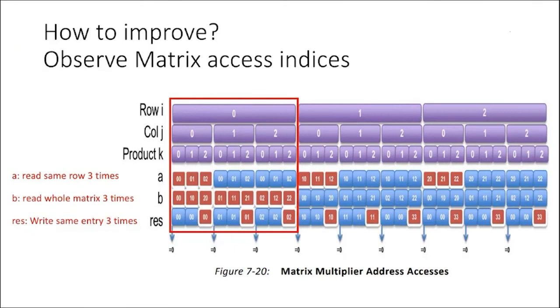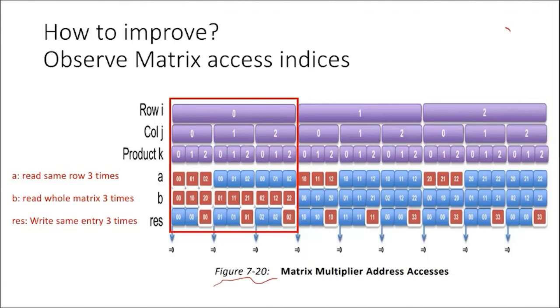So now we look at part 2 of this tutorial. In part 2, it suggests to observe the matrix access order and propose an improvement. This figure is figure 7-20 from the tutorial.